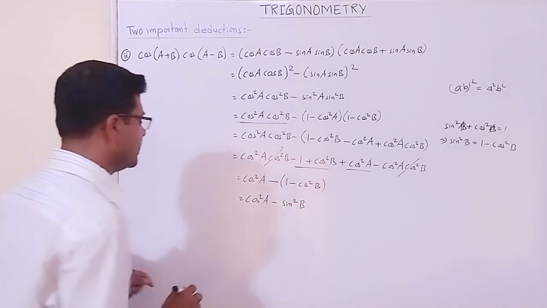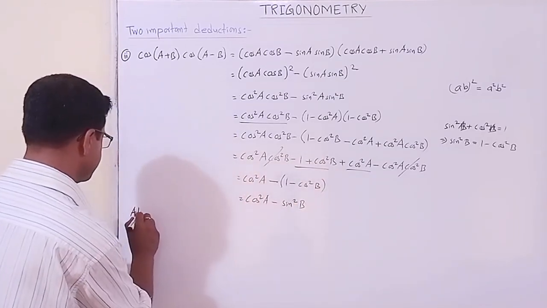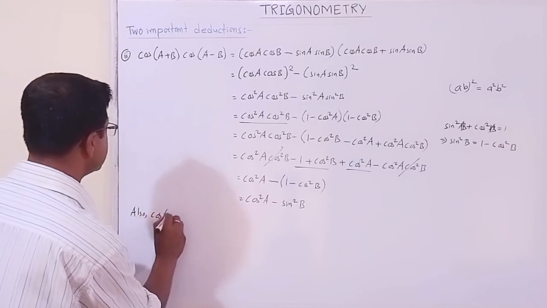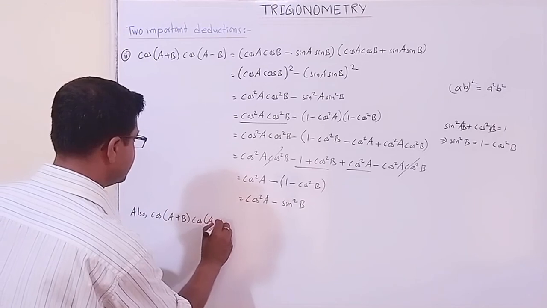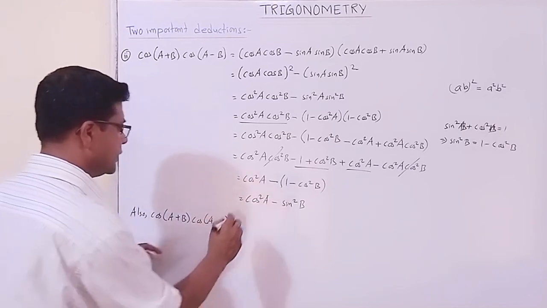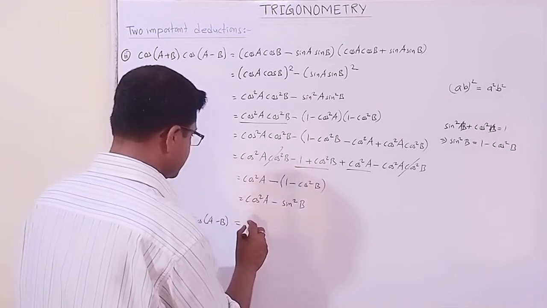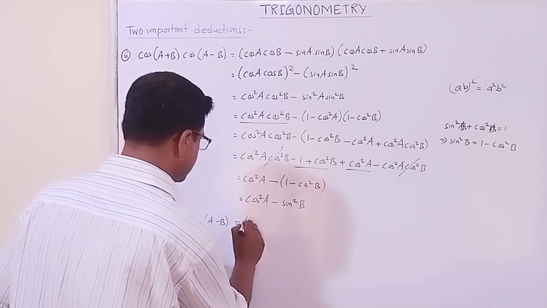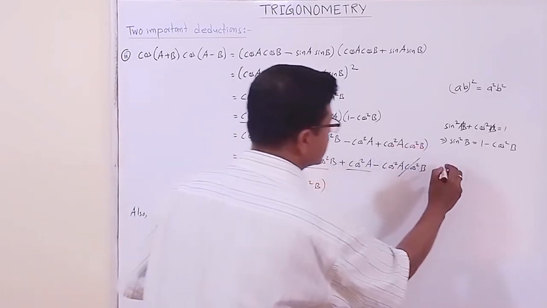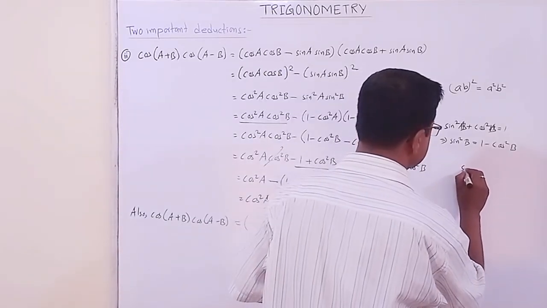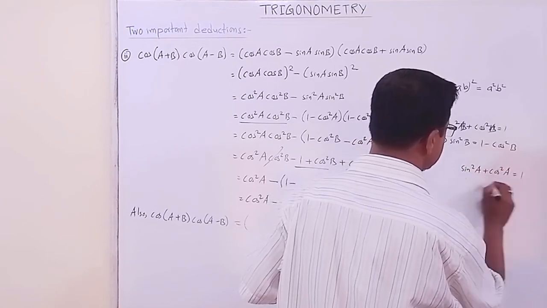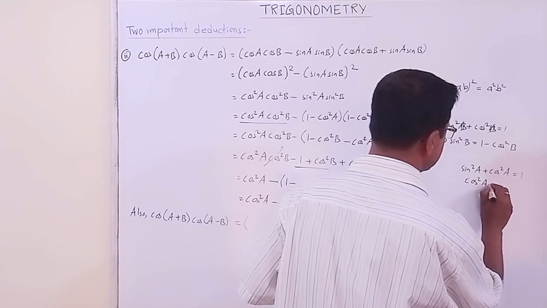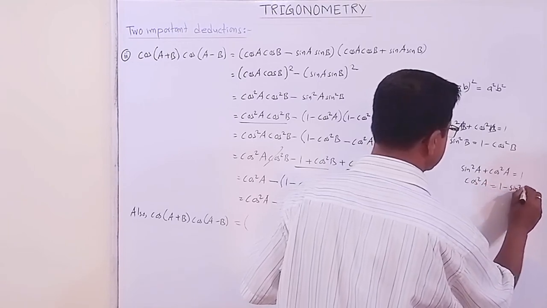Got it? This is one of the relations. Also, cos(a+b) cos(a-b) is equal to... what we want to do is change it again. What is cos square a? From here, the relation is sin square a plus cos square a is equal to 1. So cos square a is 1 minus sin square a.